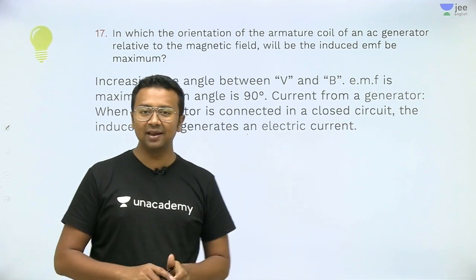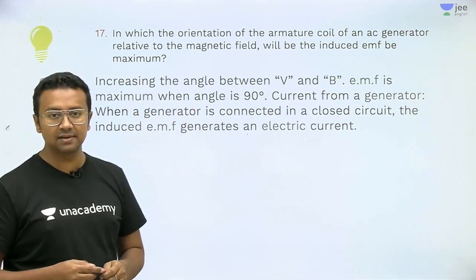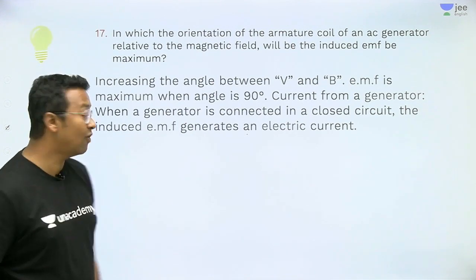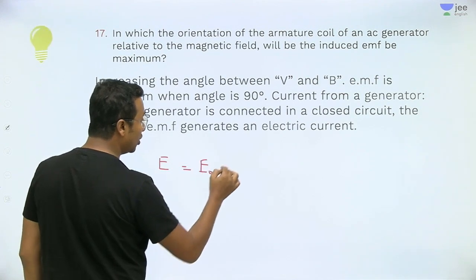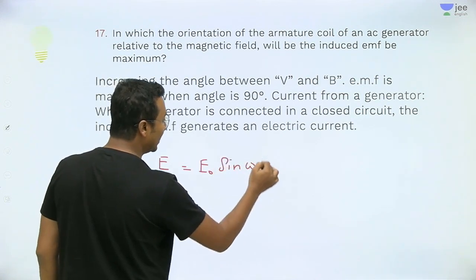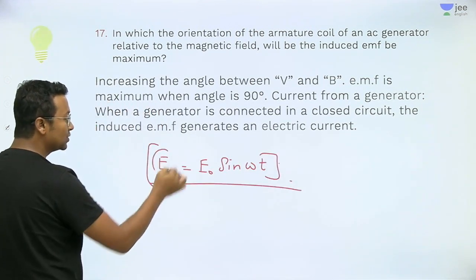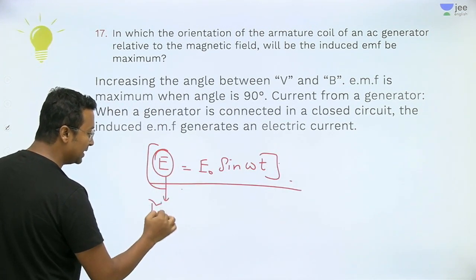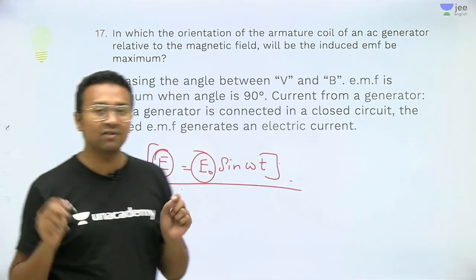You have to write down all of these statements but also support them with a formula, that is E is equal to E naught sine of omega t. We know definitely that this is going to be maximum. Maximum means that it will have a value of E naught. When will it have a value of E naught?